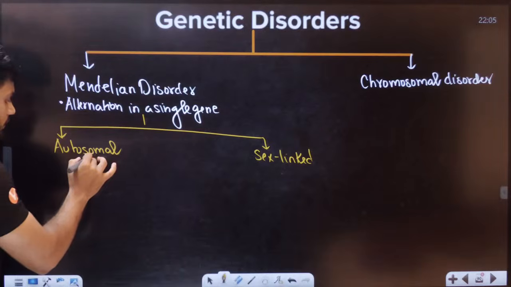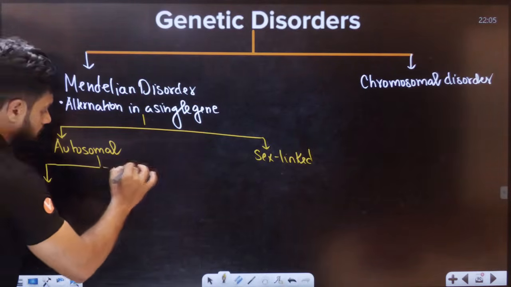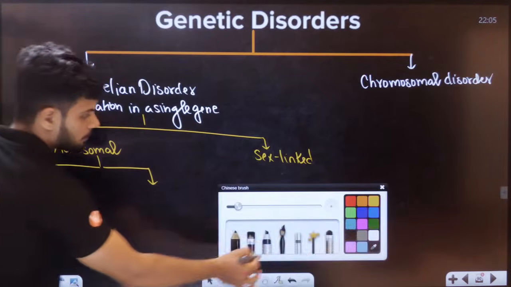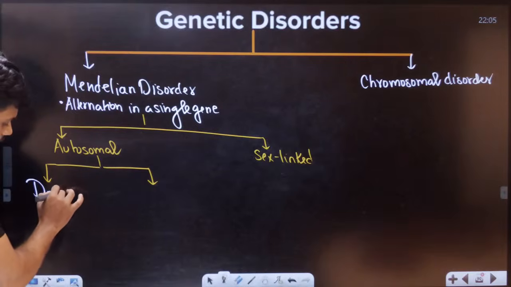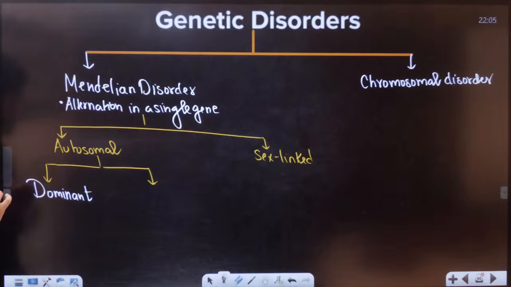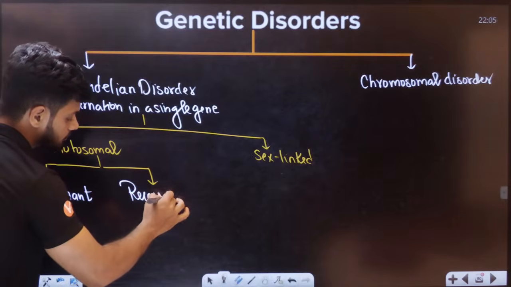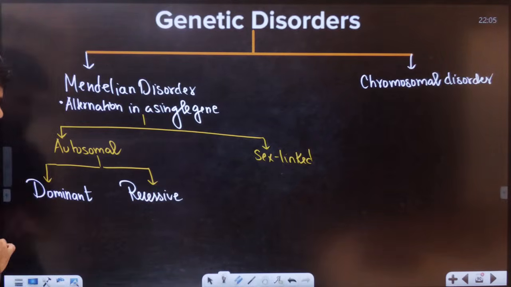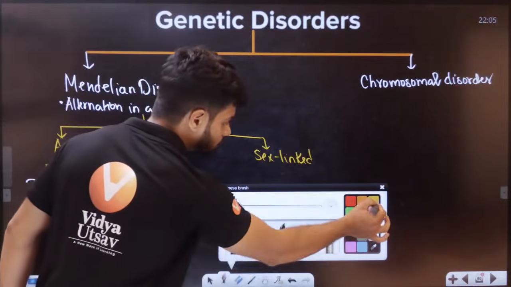Under autosomal we have two categories: autosomal dominant and autosomal recessive.